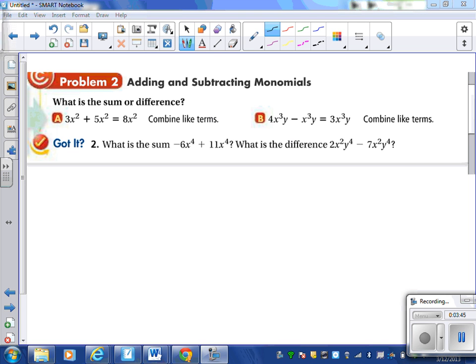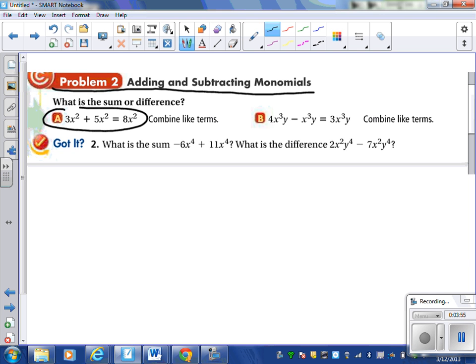Let's take a look at problem number 2. Adding and subtracting. If we take a look at example A, how do you do that problem? Just like we did before, you add like terms to come up with our answer. We both have an x squared and some like terms.